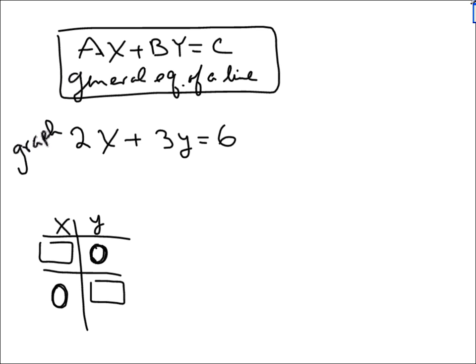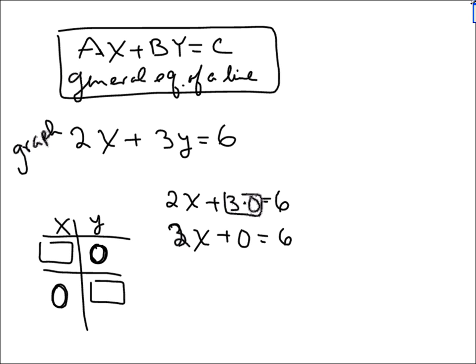If y is 0, then you have 2x plus 3 times 0 equals 6. But 3 times 0 is 0, so you have 2x plus 0 is equal to 6, which is just 2x equals 6.